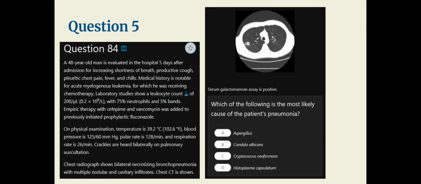Chest radiograph shows bilateral necrotizing bronchopneumonia with multiple nodular and cavitary infiltrates. Chest CT is shown on the right side there. A serum galactomannan assay is positive. Which of the following is the most likely cause of the patient's pneumonia? Aspergillus, Candida albicans, Cryptococcus neoformans, or Histoplasma capsulatum?